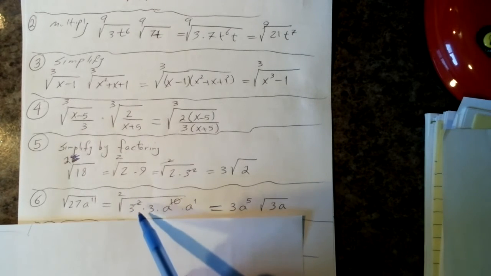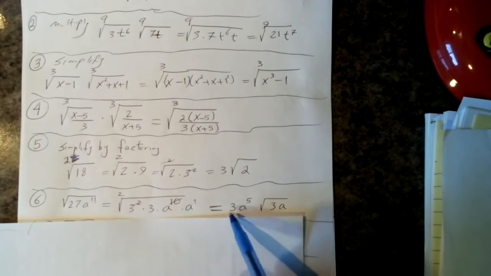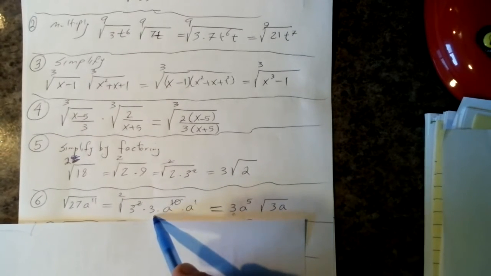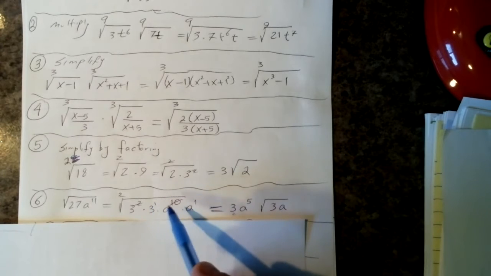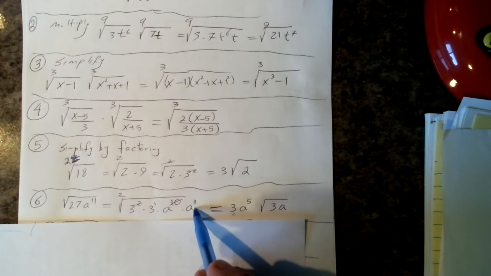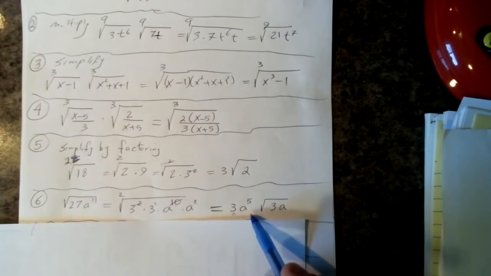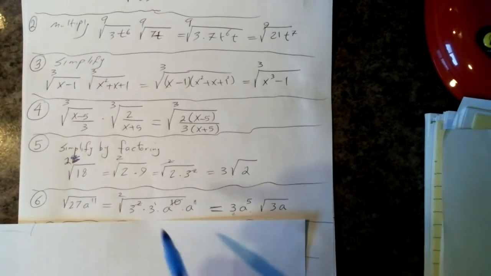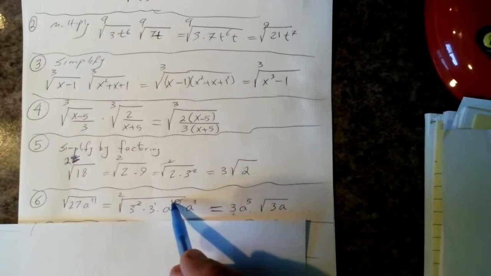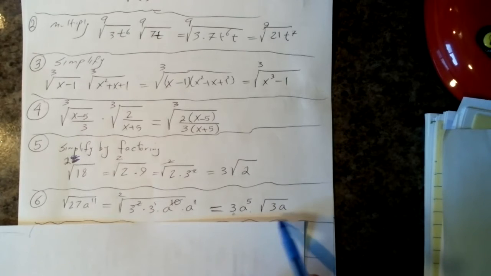Look at this 3. Power is 2. 2 and 2 cancel, 3 is released. This 3 remains because the power is 1, it cannot get out of the radical. a also stays because the power is 1. But a to the power of 10, 10 divided by 2 is 5, so you write that here. So the ones that have a multiple of that root, you can simplify and get out of the radical, but the rest stay.